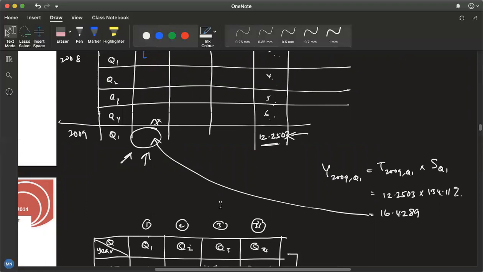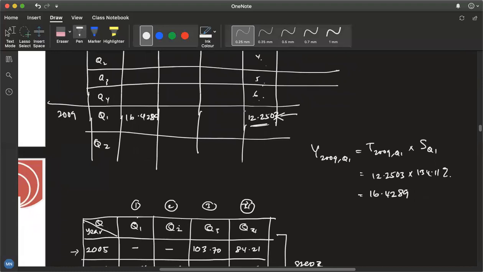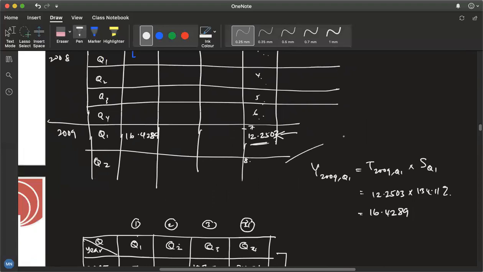Are you okay? Let's look at how to forecast for quarter number 2, 2009. I just show another example. The same steps. The previous one skipped 7 steps, and this is step number 8. So we calculate the trend for quarter number 2, 2009.